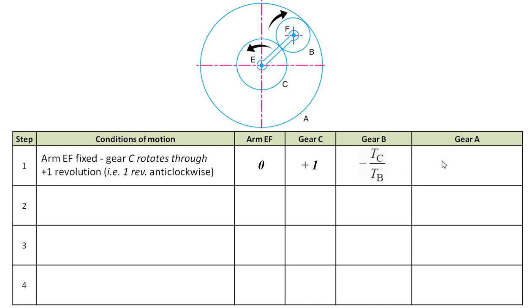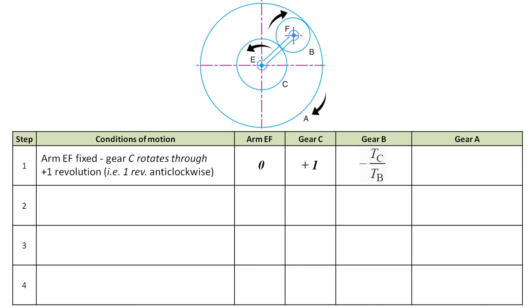Now gear A has internal teeth and we have seen in the theory that when the gear has internal teeth and it has an external gear driving it, like in this case where B is driving A. So B is having clockwise rotation and A is having internal teeth. Therefore A will also have clockwise rotation.